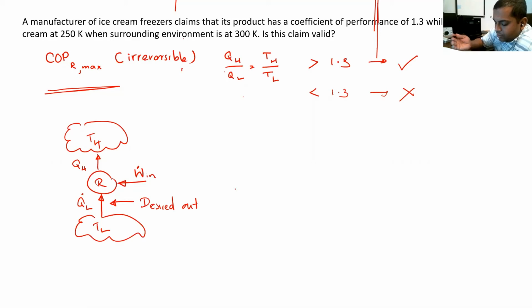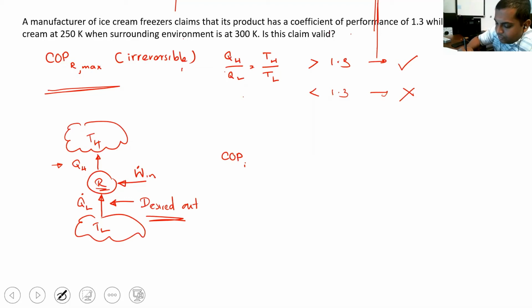For both refrigerators and heat pumps, W in is the required input. But for a refrigerator, our desired output is QL. If it was a heat pump, desired output is going to be QH. In this case, we have a refrigerator, so we can write an equation for COP.